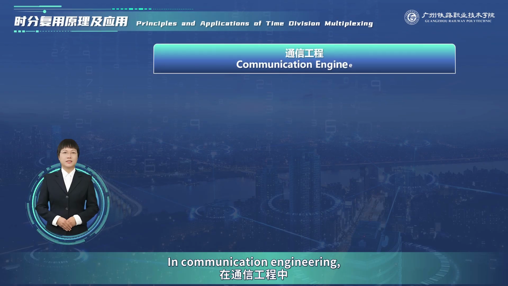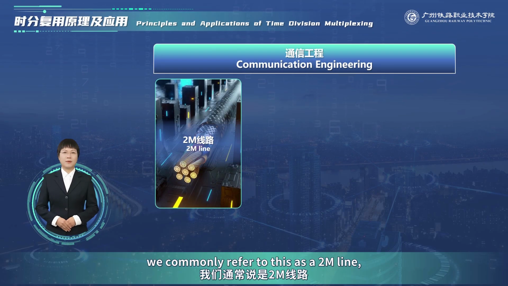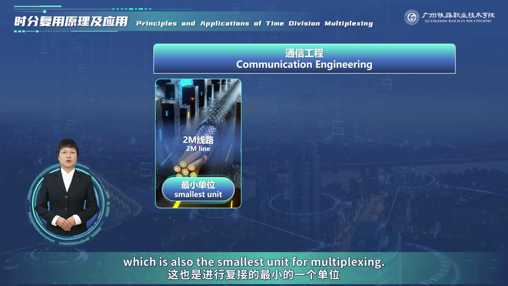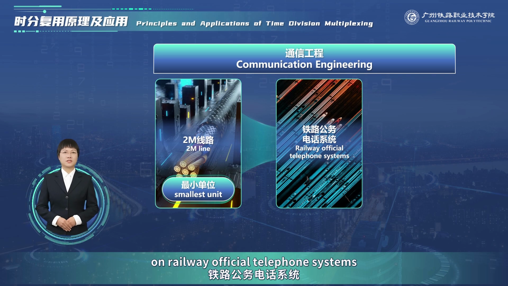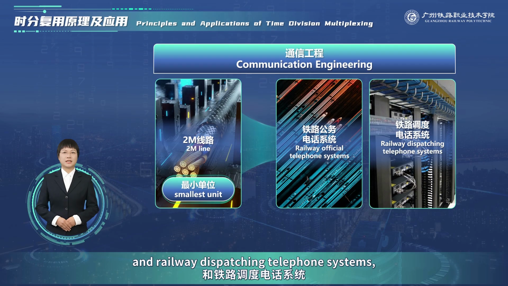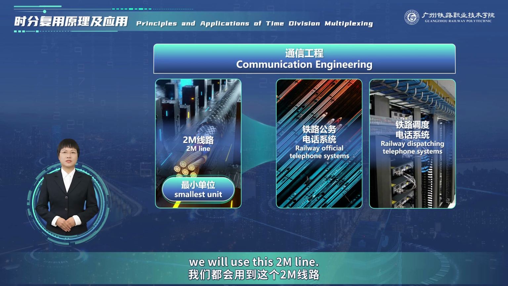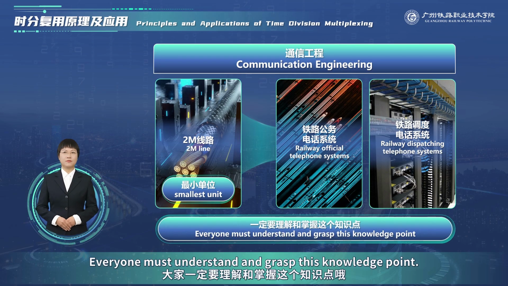In communication engineering, we commonly refer to this as a 2M line, which is also the smallest unit for multiplexing. In subsequent courses on railway official telephone systems and railway dispatching telephone systems, we will use this 2M line. Everyone must understand and grasp this knowledge point.